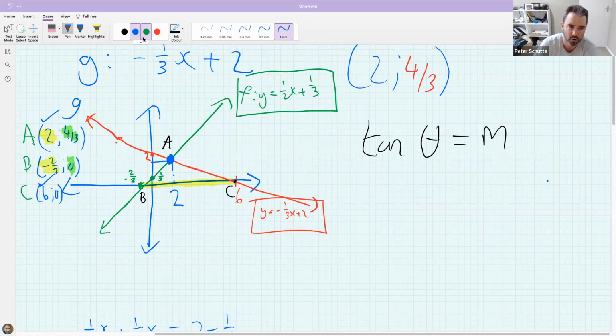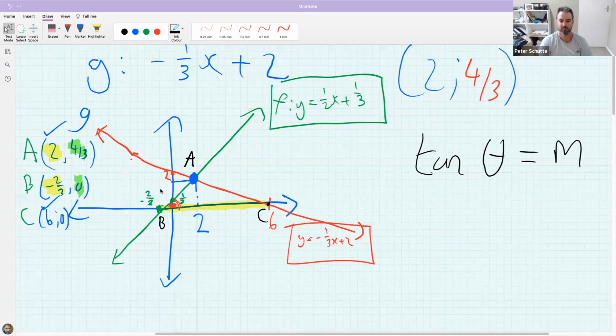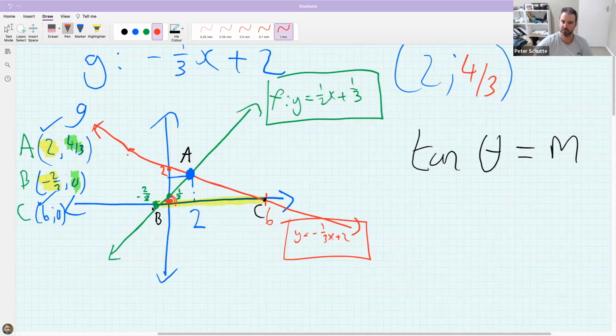I want to know what the angle of inclination of the green line is. Work it out for me using that formula.